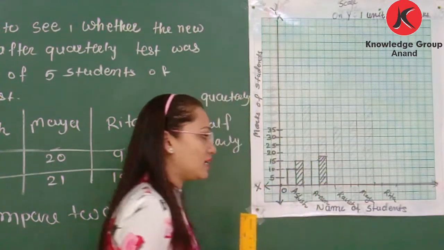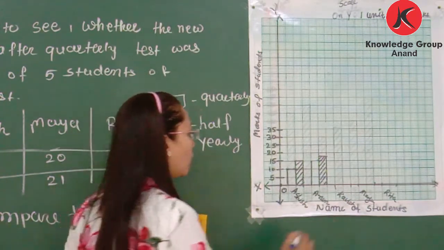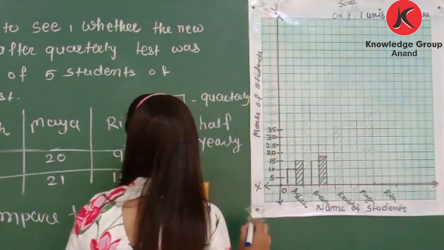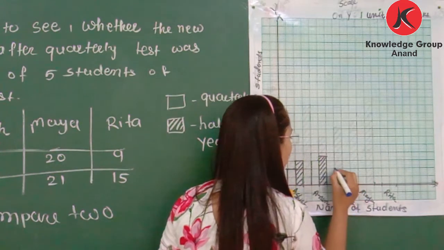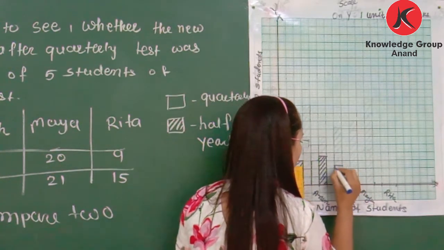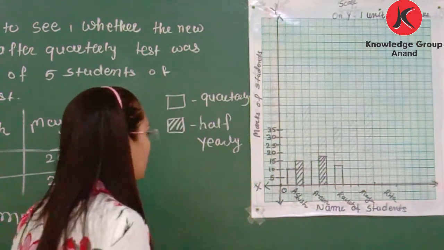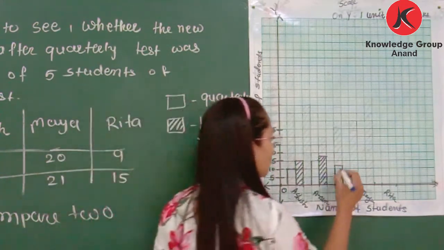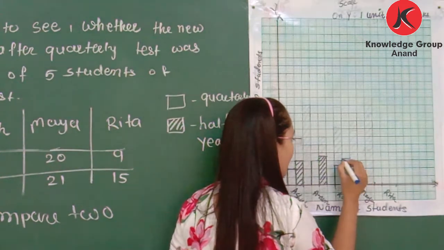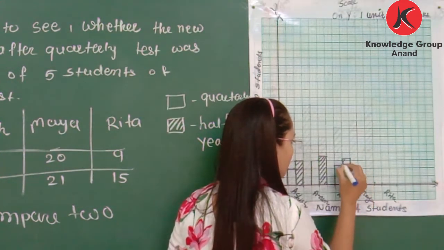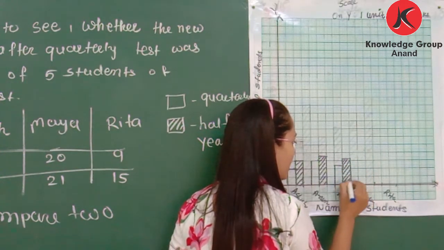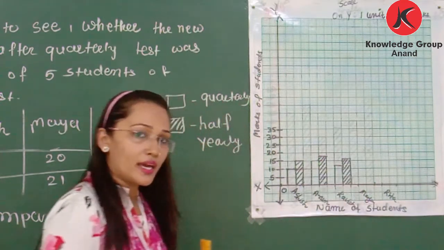So we represent it by this. Now Kavish scored 12 marks in quarterly. So after 10, 11 and 12. So this is the marks of Kavish in quarterly. And half yearly is 16. So after 15 we need to represent one line, that is 16. Half yearly marks will be represented by a bar with lines.